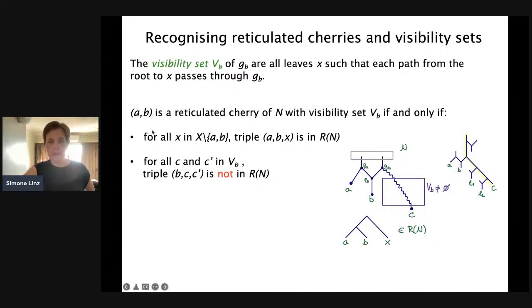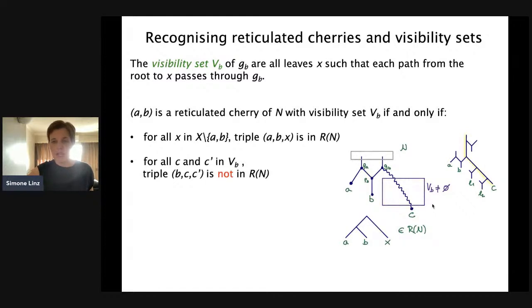So the visibility set is the set of all leaves X such that each path from the root to that leaf passes through GB. So GB is the grandparent. So we want to find all the leaves below GB for which every path from the root to that leaf, say C, passes through GB.